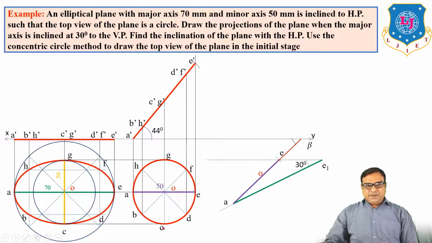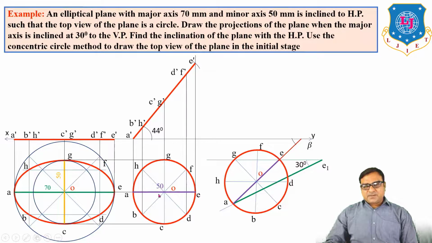So you have to copy and paste this circle here by taking the midpoint of A E, draw a vertical line perpendicular to A E. Now draw the circle of diameter 50 mm. But what is the difference between these two figures? Here, the top view of the major axis is parallel to VP, meaning parallel to XY.